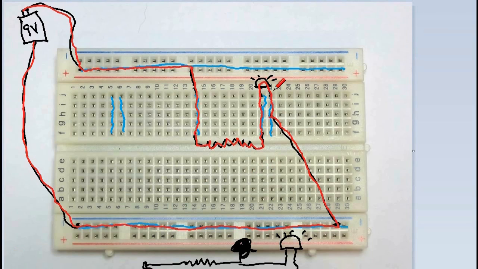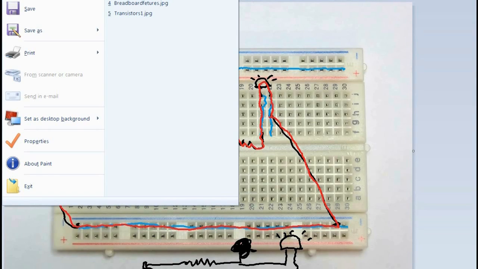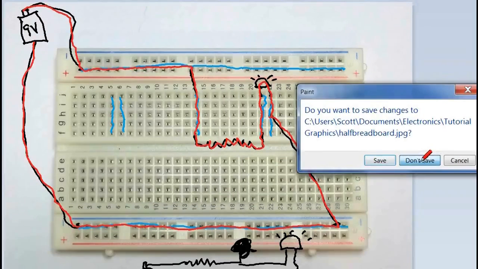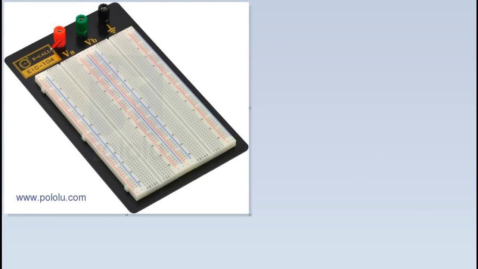Now, of course, this is a small circuit for such a big breadboard. This is actually half a breadboard. Let me show you the breadboard I use. Breadboard features. Here's the breadboard I use. You can hook up 2 powers and a ground. And what you do is you run your wire here, and then you run another wire to whatever rail you want. And like I said before, or hopefully I said before, I put my positive on this side and my negative on this side.